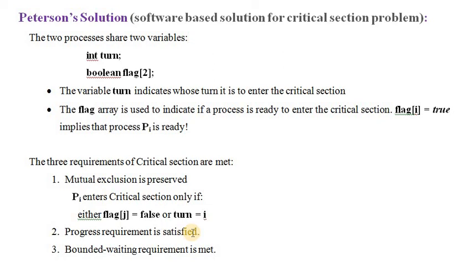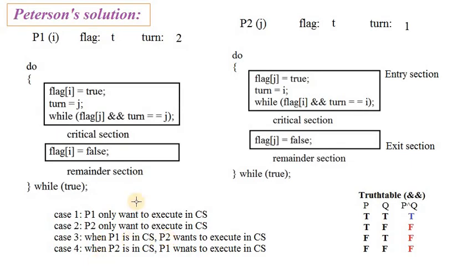The third one is bounded waiting. When two programs are trying to enter into the critical section, and one program is continuously executing the critical section, the second program should get a chance after some bound value. Suppose program 1 is continuously executing the critical section. At what time does the second program get a chance?